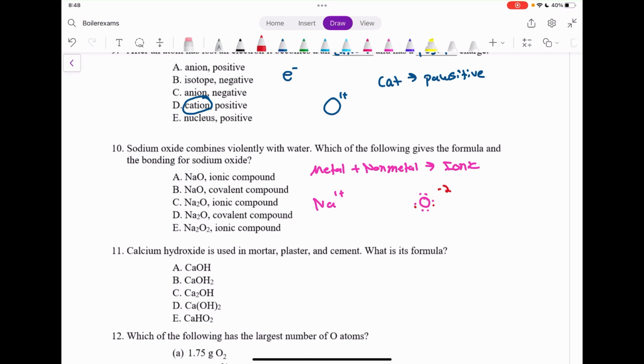So one oxygen atom will steal 2 electrons from the cation in this case. So in order to make a net neutral compound, we're going to need 2 sodiums for 1 oxygen. And we know it's ionic. So Na2O and ionic, which looks like C.